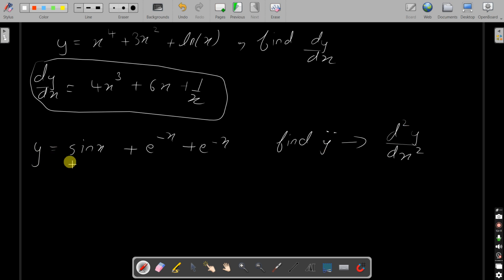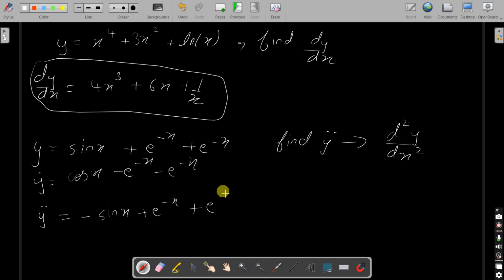The answer which we get after differentiating y, we have to differentiate one more time. This becomes cos x plus e to the power x minus e to the power minus x. One more time, this y dot, you have to find the y double dot. So minus sin x plus e to the power x plus e to the power minus x.